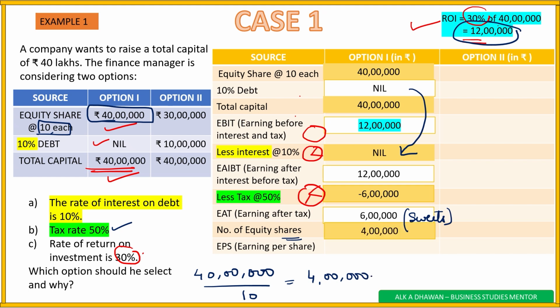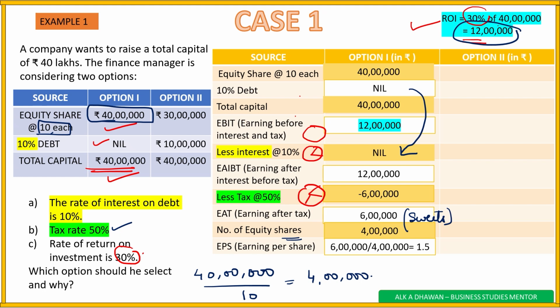So that is what we write here, 4 lakh equity shares. Now to calculate EPS, we divide 6 lakh by 4 lakh. This is the earnings and this is the number of shares. So we divide 6 lakh by 4 lakh and we get EPS as 1.5, or rupee 1 and 50 paise.